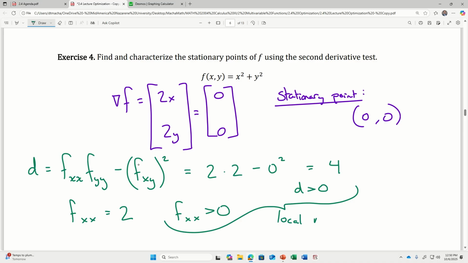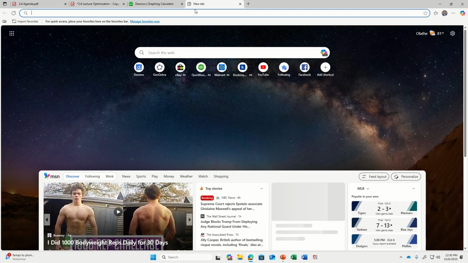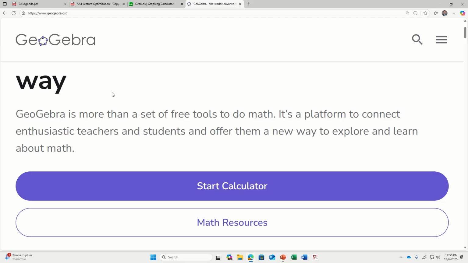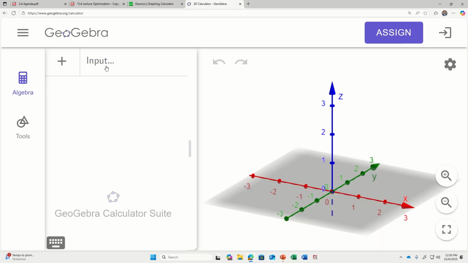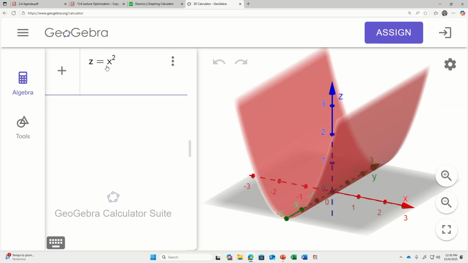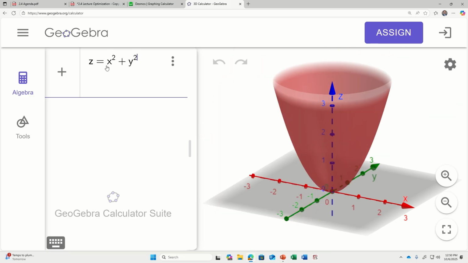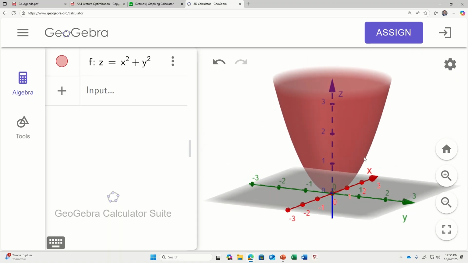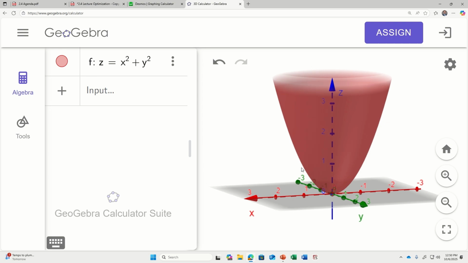We found a local minimum at my stationary point. So we type in z equals x squared plus y squared. And there we go. The point 0, 0 is a stationary point, and it's a local minimum. It's also an absolute minimum.